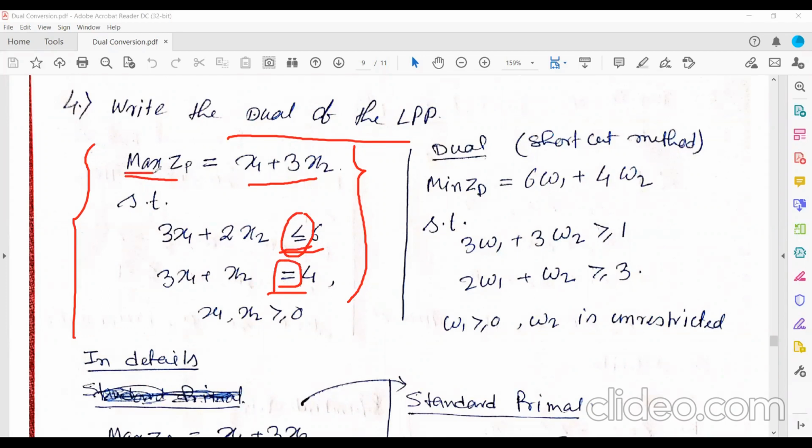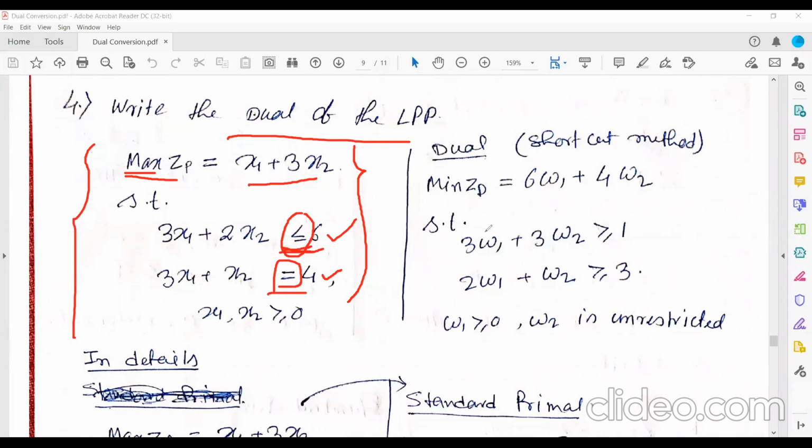Since the problem is a maximization, all the constraints will be less than or equal to. So here it is less than or equal to for this constraint. In the second constraint, equality is there, and since the problem is a maximization, treat this equality sign as less than or equal to.